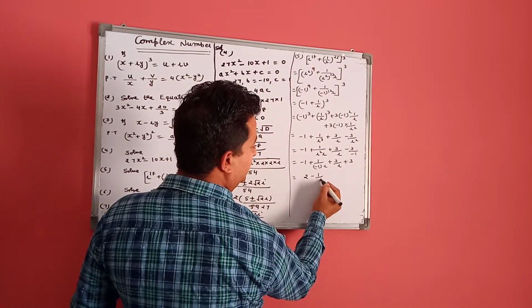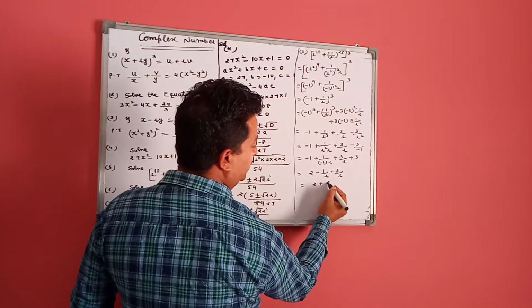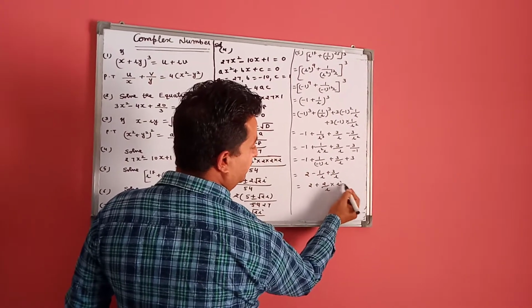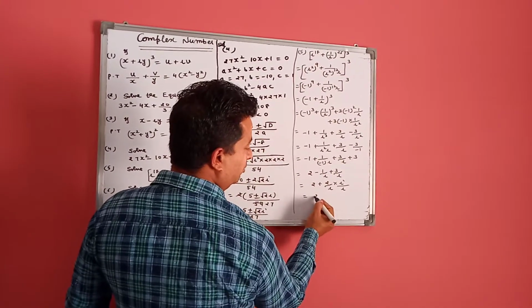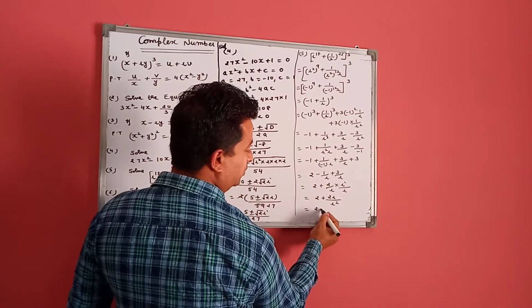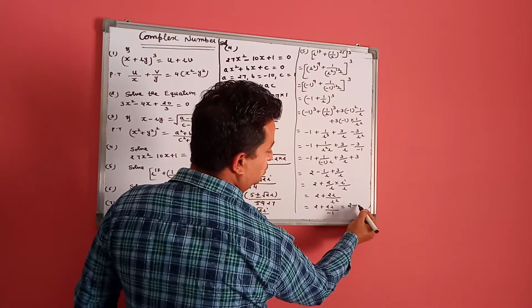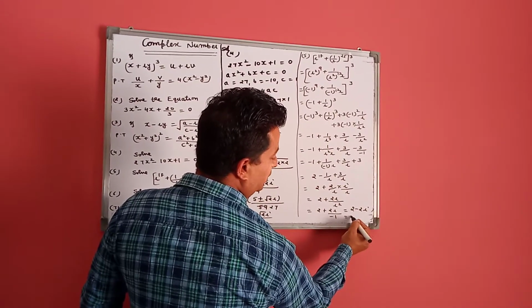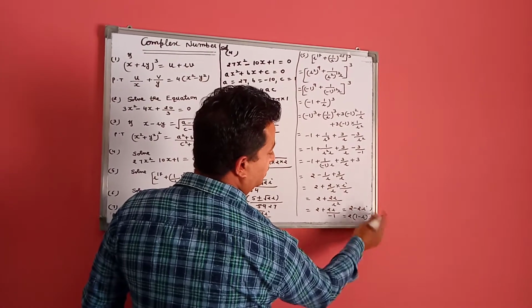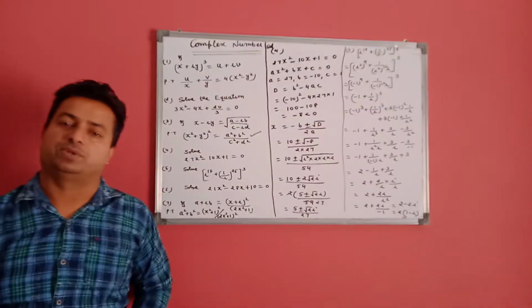This becomes 1 by y plus 3 by y. This is 2 by y. Multiply and divide this by y. We get 2y by y square. Then y square is minus 1. The answer is minus 2y. This is the solution of question number 5th.